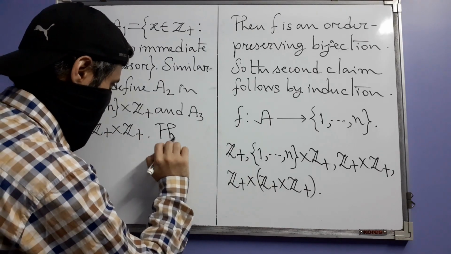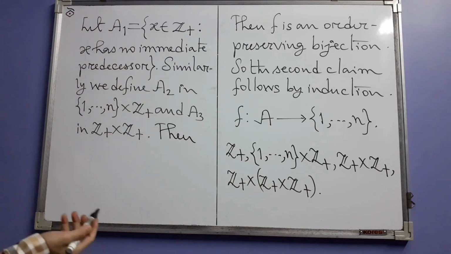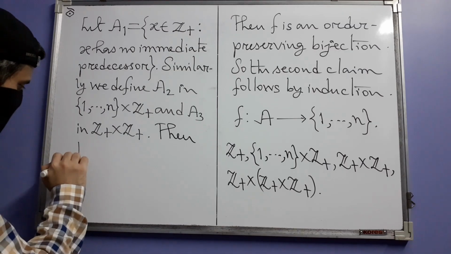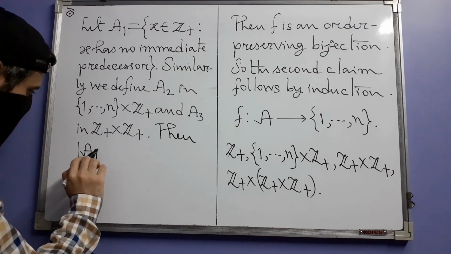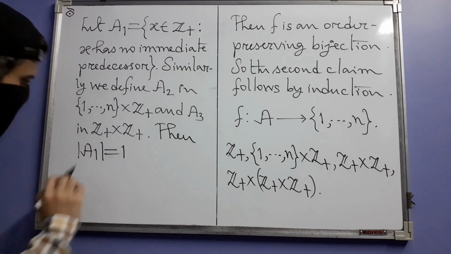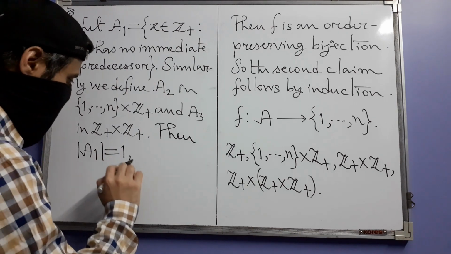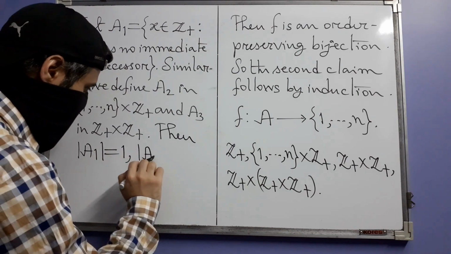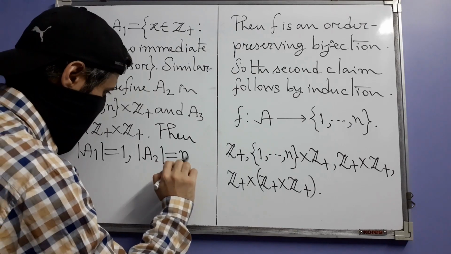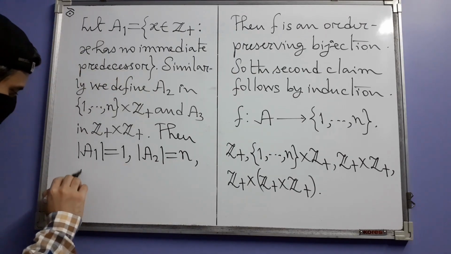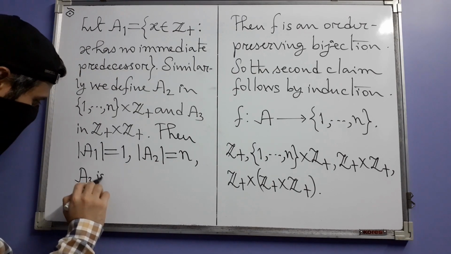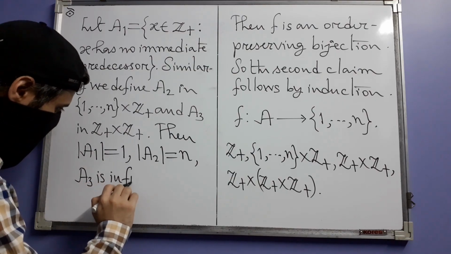Then one can check that A1 has only one element, A2 has n elements, and A3 is infinite.